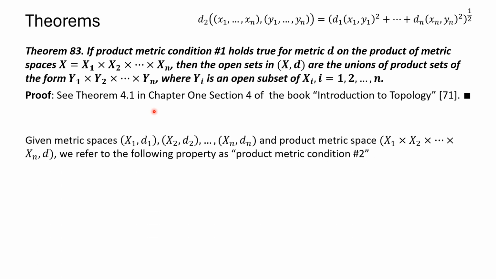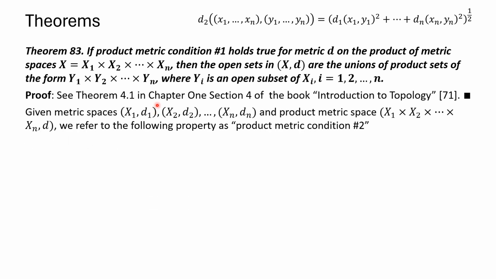And we have a second condition, which will give us yet another theorem related to completeness. So given the metric spaces and the product, so we're working with the same assumptions here, we refer to the following properties, product metrics condition number 2.